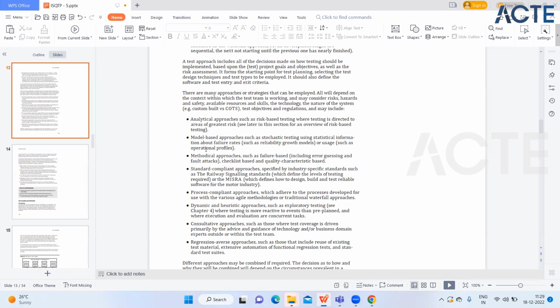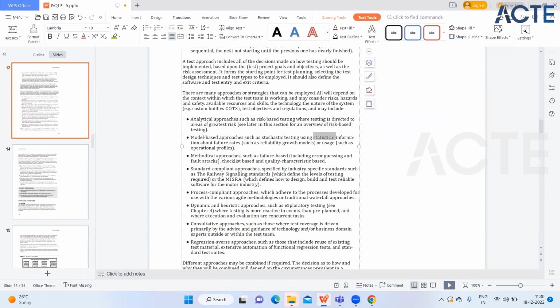Second is the model based approach, such as stochastic testing using statistical information about failure rates, such as reliability growth models, or usage, such as operational profile. So if you get a question like which approach we have to follow as per the statistical information, you have to provide the answer as model based approach.